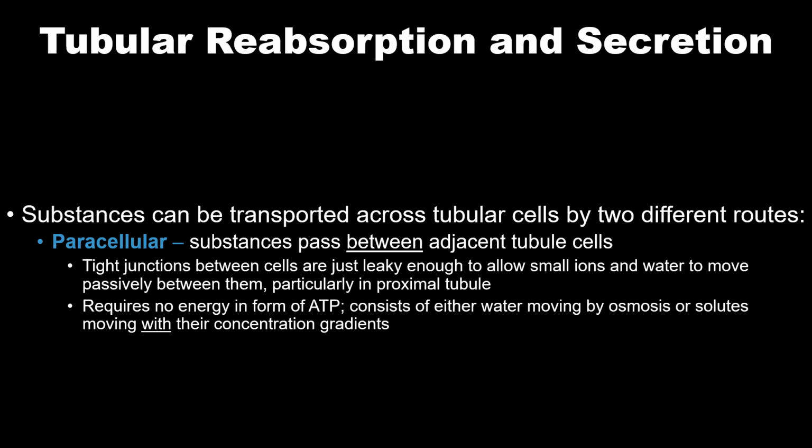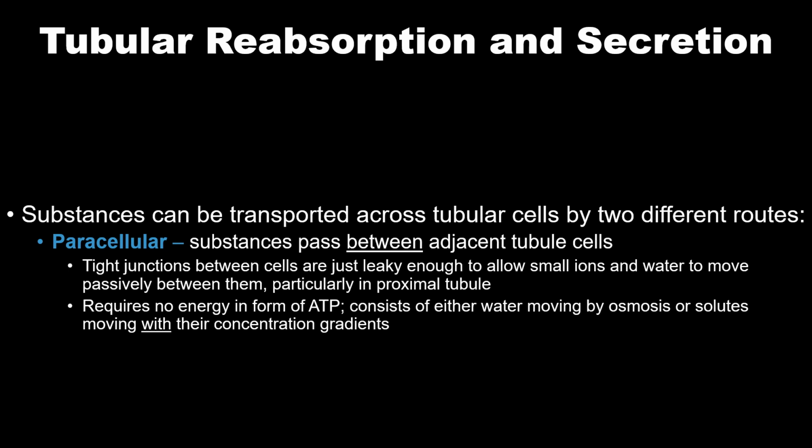This especially happens in the proximal tubule. And this paracellular route is typically passive and requires no energy, no ATP, because it really consists of water moving by osmosis or solutes moving down their concentration gradients.